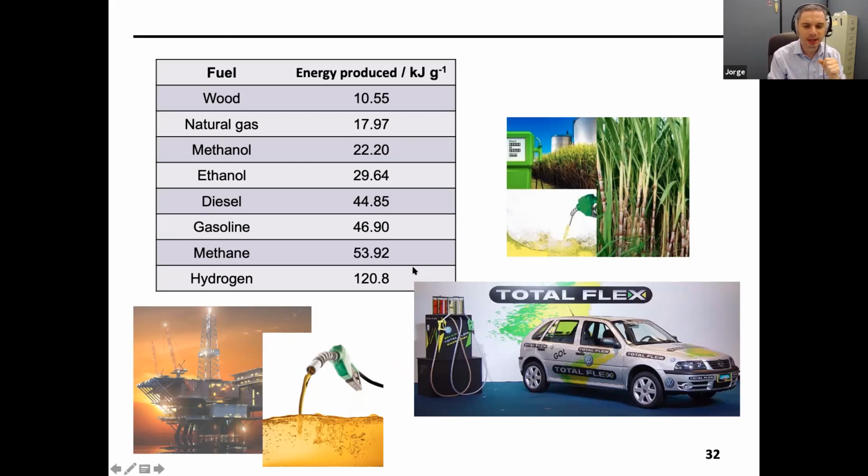If you look at the table here, you can see that hydrogen produces a lot of heat per gram of fuel burned. So if you find a way to safely store hydrogen and safely burn hydrogen, you will be really, really, really rich and you will solve the problems of the world basically.